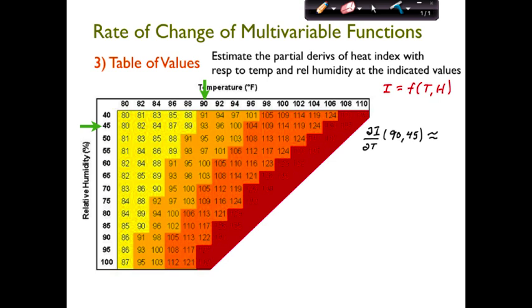So what would I do? Any ideas? John has an idea. Edis, what about you? Any ideas? I would just take the average of the slope under it and the slope above it.